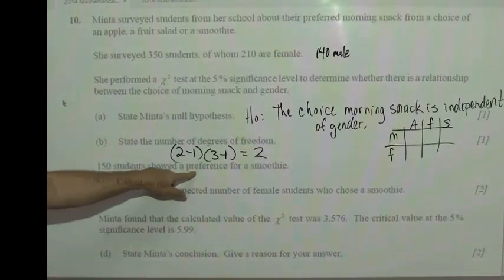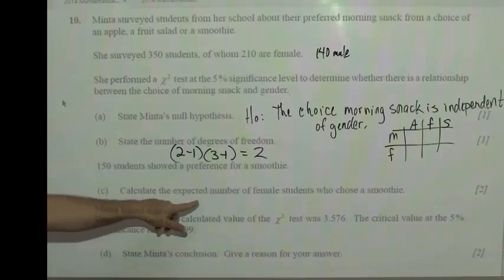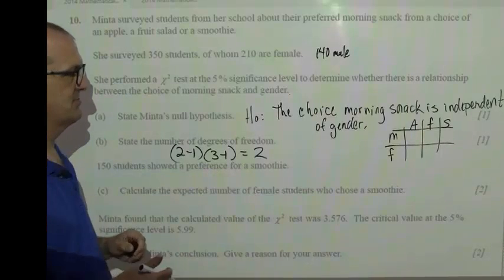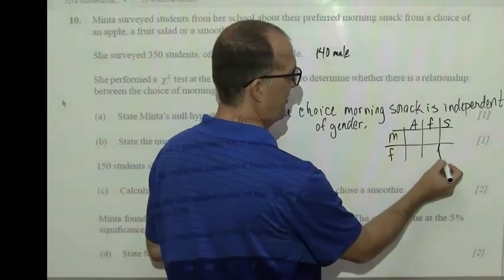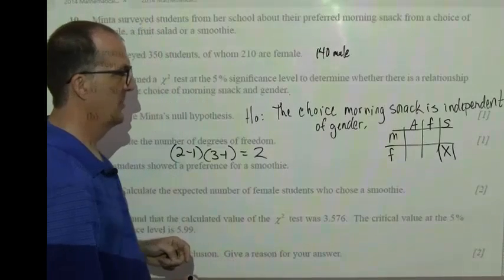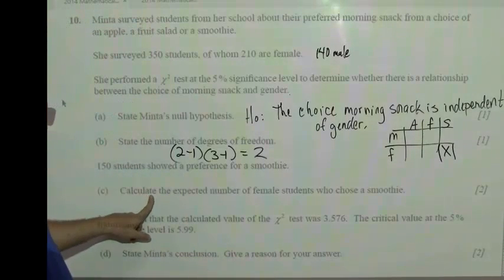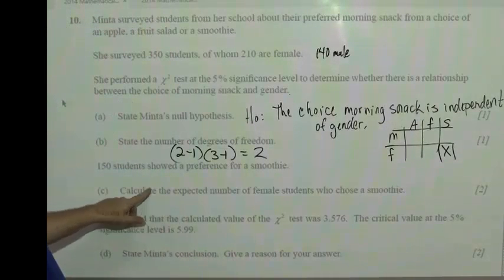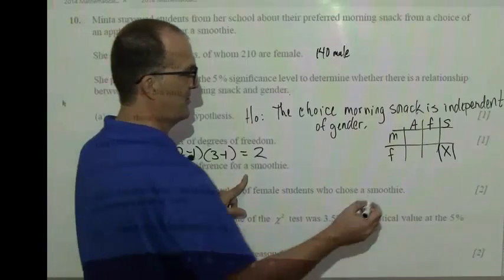150 students showed a preference for a smoothie. Calculate the expected number of female students who chose a smoothie. So they're basically saying, what is that expected value? And we know that she said that 150 students chose smoothie.